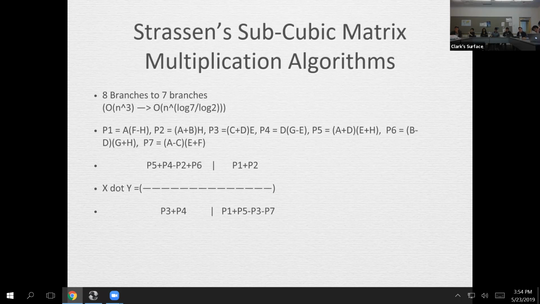So what Strassen's algorithm does is it reduces the branches from 8 to 7, which gets a better big O notation. So this is just a fancy way to do it, but I'm not gonna go in detail. You can remember, it's just a faster way to do it.